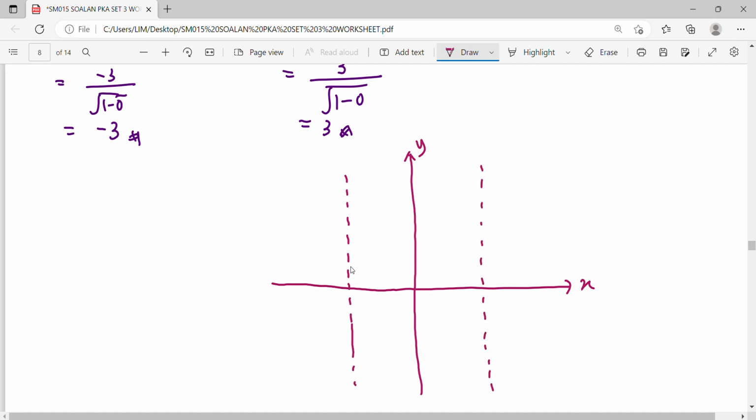When you draw, straight away label x equals negative 3, x equals 3. For the horizontal ones, y equals 3, y equals negative 3.